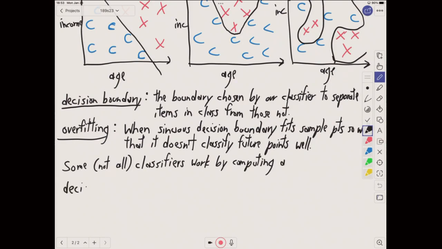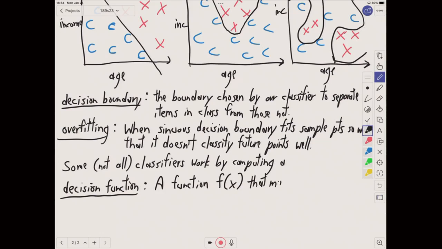So let me define decision function. The idea of a decision function is that we're going to define a function we'll call f that is defined over the whole feature space, the whole d-dimensional Euclidean space of our sample points. And that function maps every point in the space to some scalar.